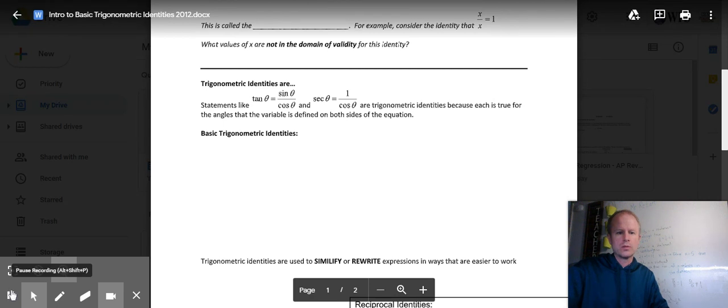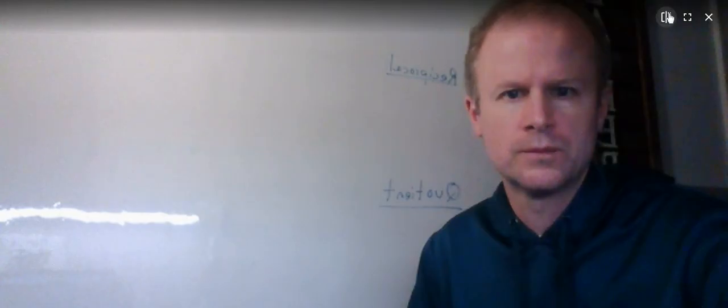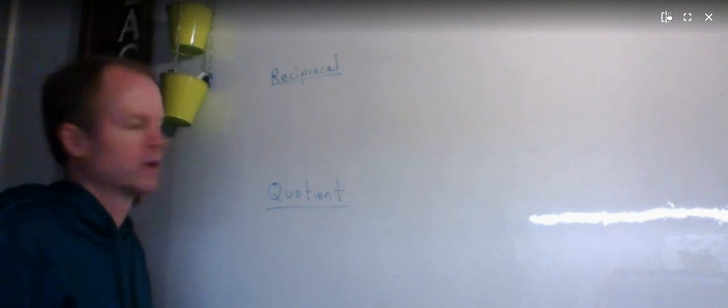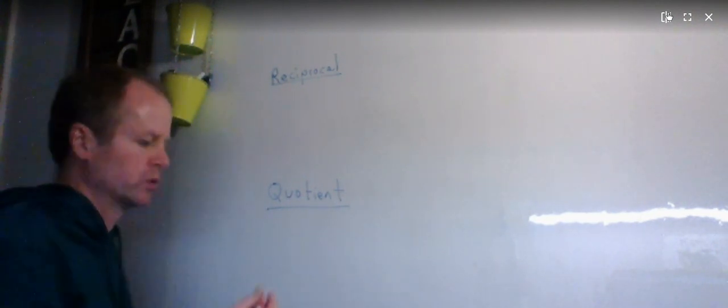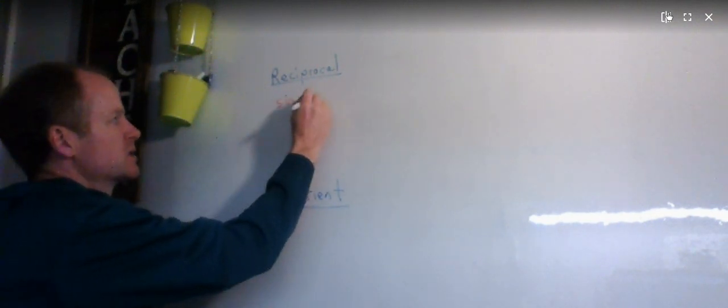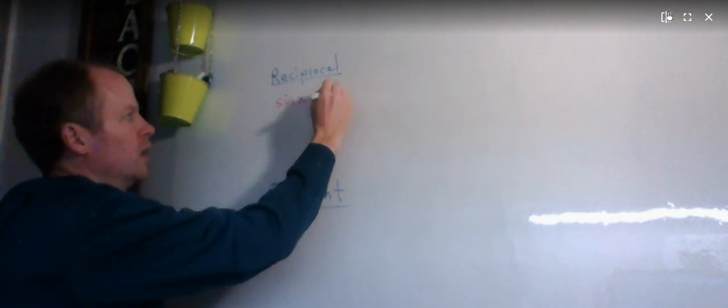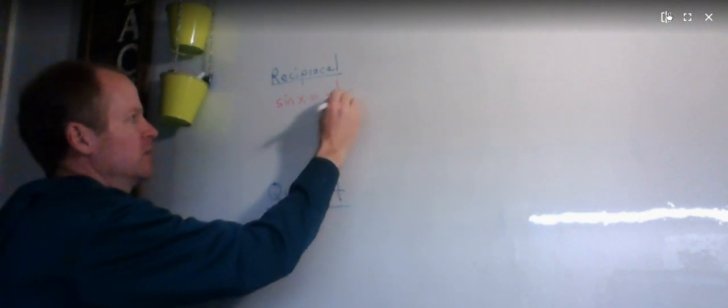So let me clear my whiteboard a second. All right, there we go. So first thing we're going to do, where it says basic trig identities, I'm going to have you write down what are called reciprocal identities. So sine of x is the same as 1 over cosecant of x.